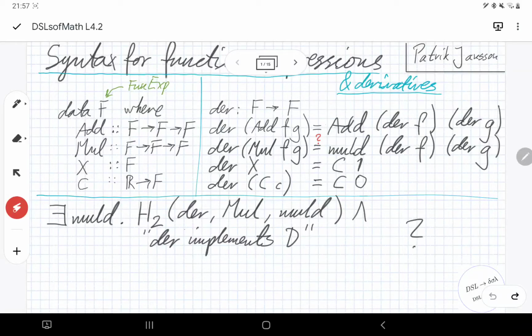The full logical statement that we'll set out to disprove is: there exists a function mul d such that der is a homomorphism in 2 arguments from multiplication in the syntax tree to some unknown operator on functions, at the same time as der actually implements the derivative.